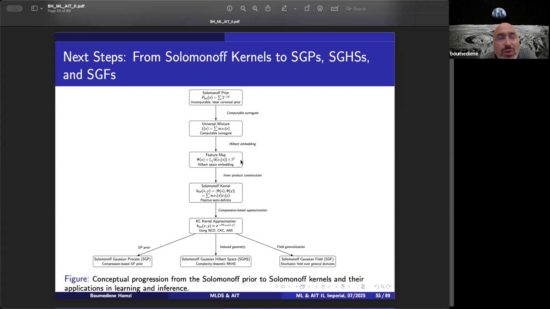This gives us a feature map directly inspired by AIT, and then this gives us the Solomonoff kernel. The complexity-based kernels will be an approximation of this Solomonoff kernel.